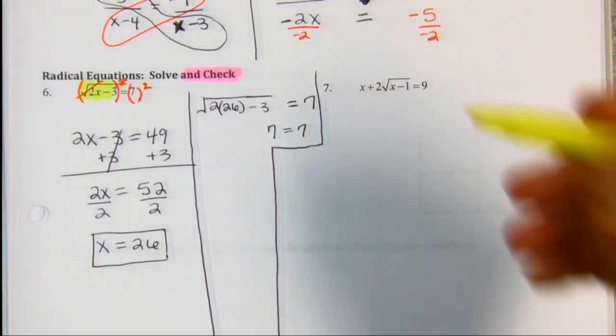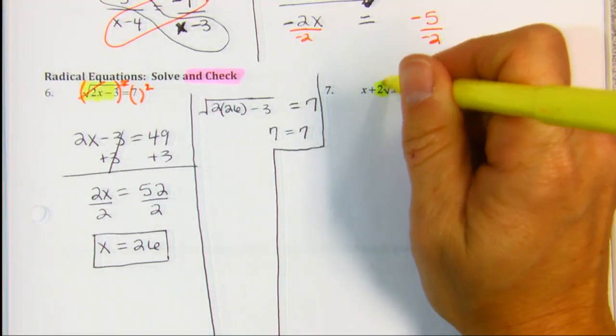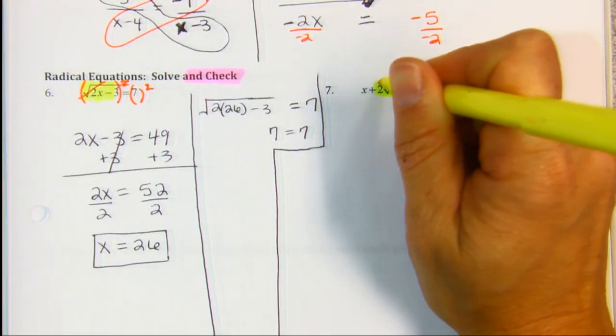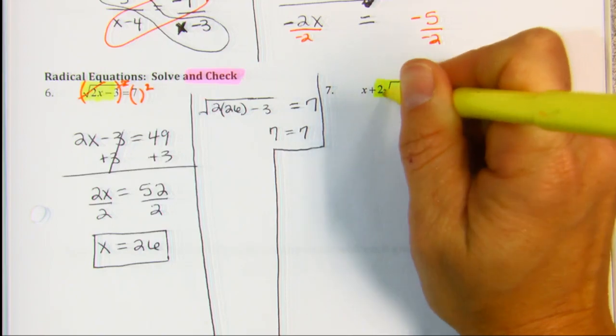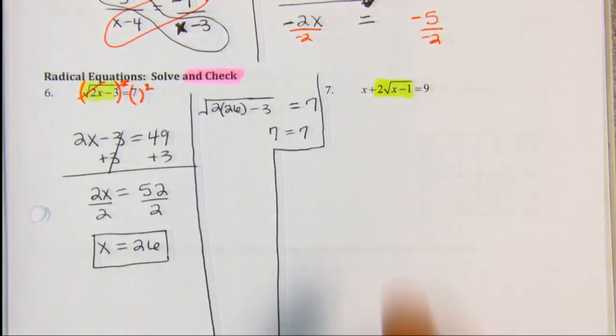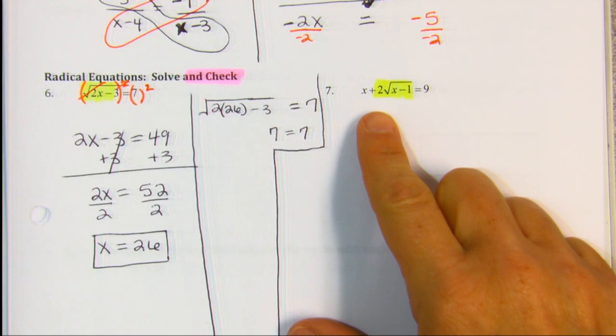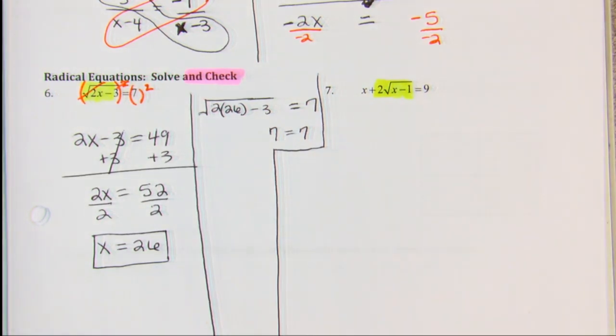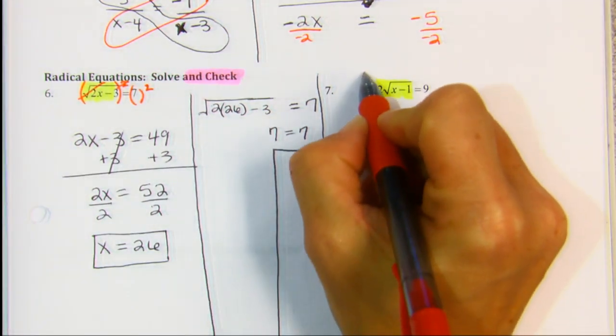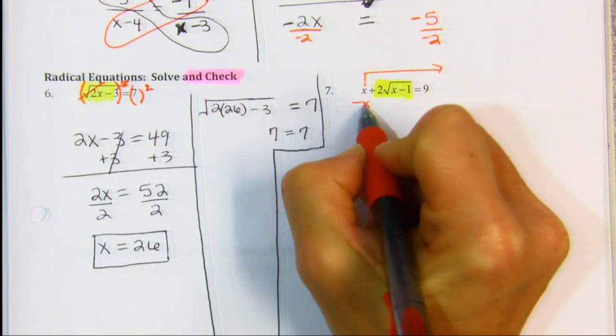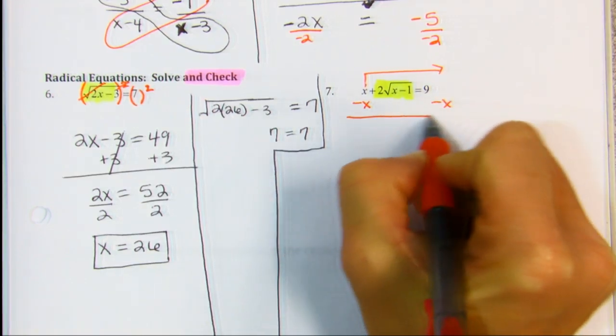Now, the equation with the 7 is not really a good starting point when we're working with equations with radicals. It's okay that the square root has a number right in front of it. You can keep that in front of it, but we don't want to have the x plus that there. Since it's a positive x, we would subtract x.